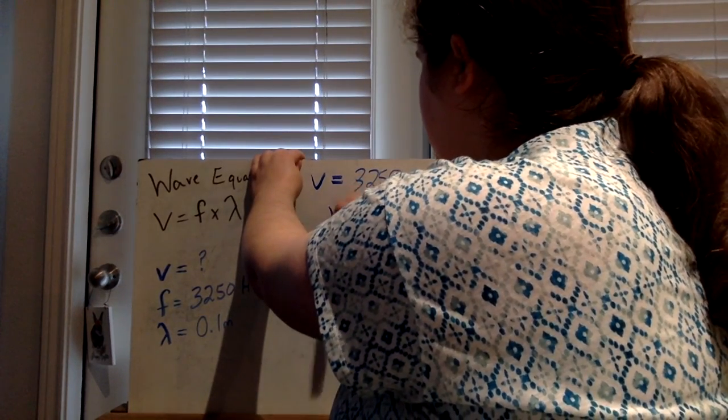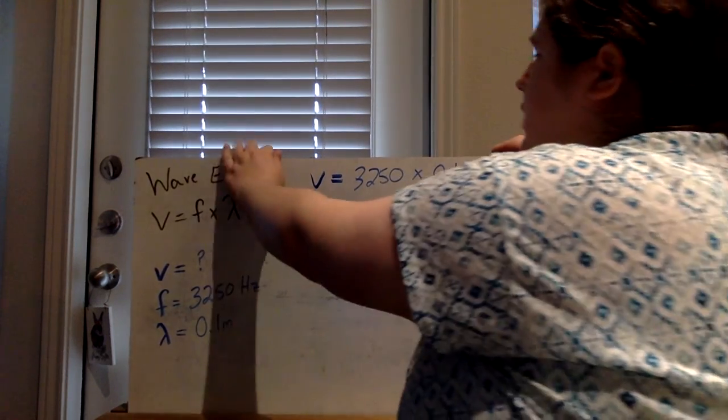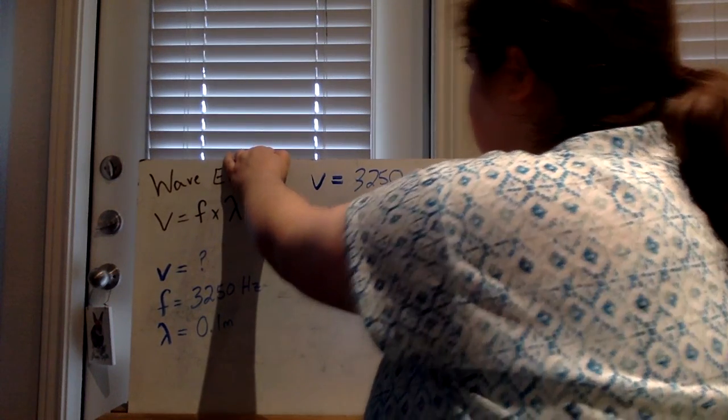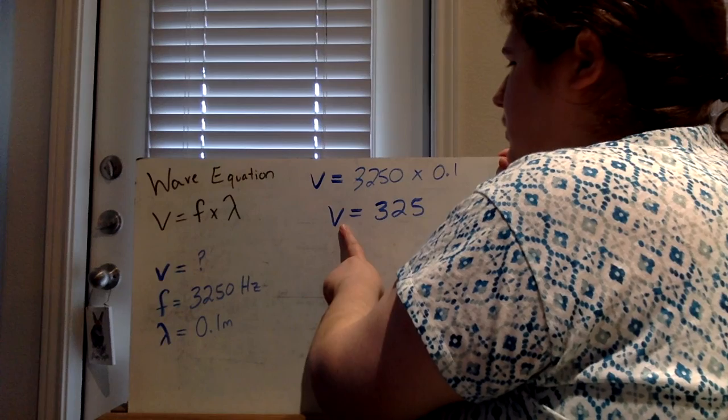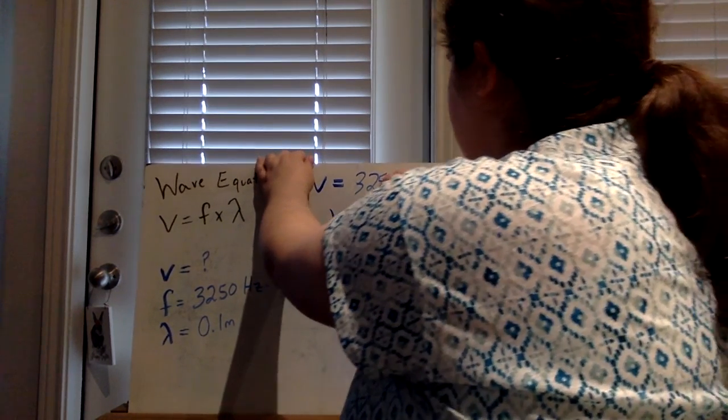So my velocity, if I multiply 3,250 times 0.1, is going to give me 325. And if we are dealing with velocity, our units are going to be in meters per second.